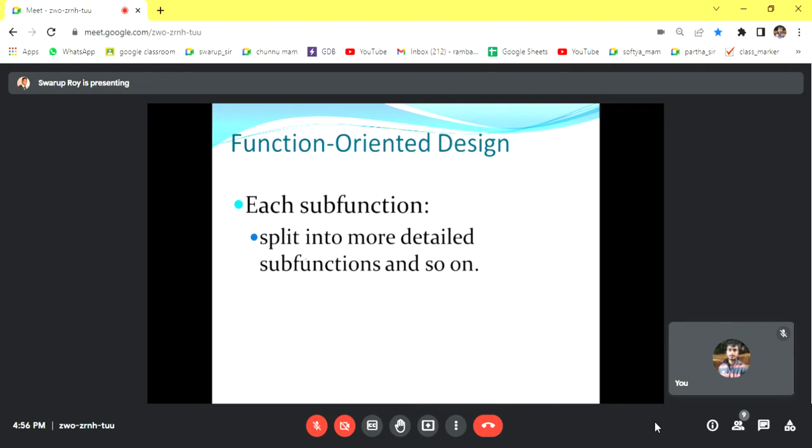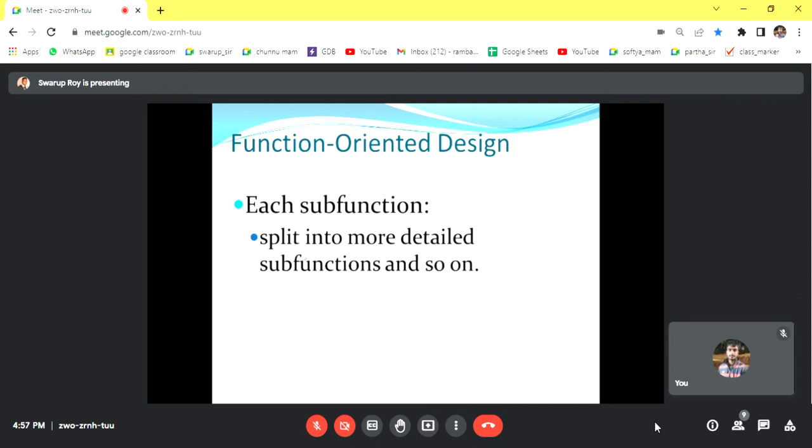Once it is done, these functions need to go into more detail. So the divisions and relationships between those modules are only the high level design. Once you have finalized that, the lower level modules are the worker modules. That means they are actually running some algorithms, big algorithms.